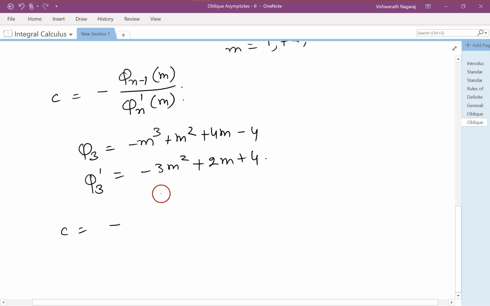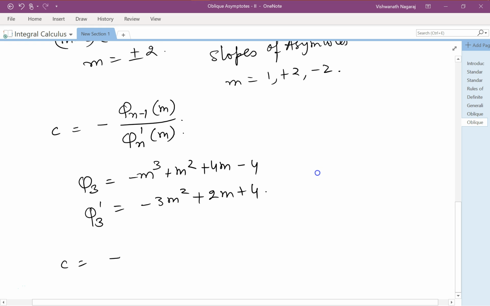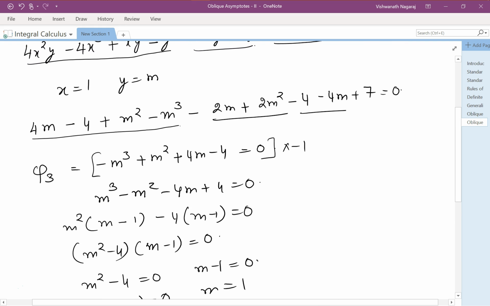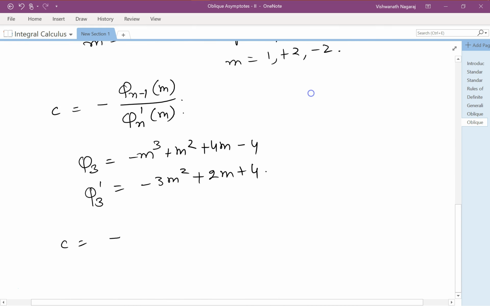Minus φ(n−1)(m). φ(n−1) is φ2. Now φ2 is equal to what? φ2 is equal to −2m + 2m², and there is a separate minus of the expression itself.